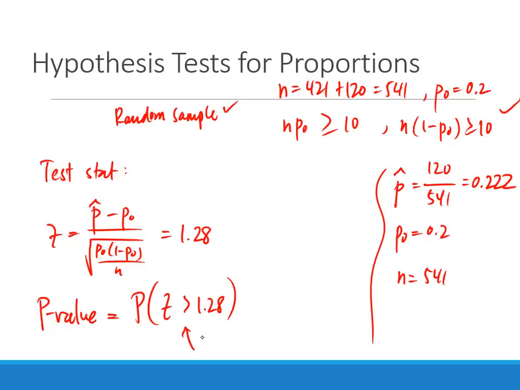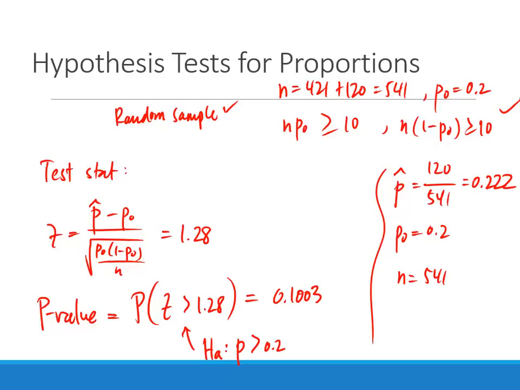Yeah, so that's what was in our alternative hypothesis. Remember, the alternative was that p is greater than 0.2, so we put a greater than in figuring out what our p-value is. Okay, and you'll again go back to the table and you can find that this is 0.1003. Okay, so the p-value is 0.1.